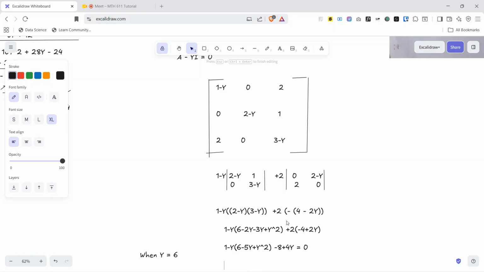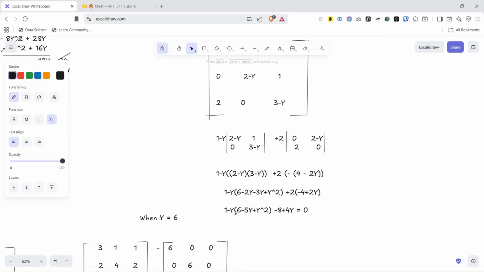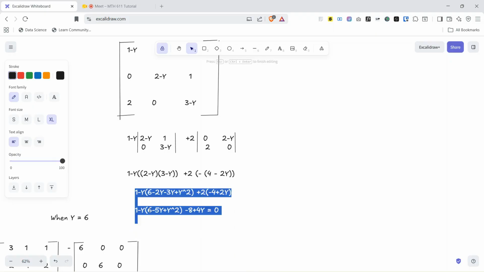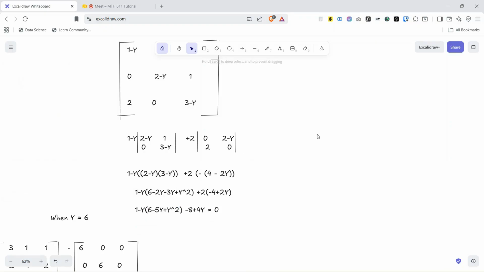Equals to 0. Then let me continue it here so that it's not going to disturb this. Then that would be, multiply with 1 minus lambda through the brackets. That is 6, all of this.